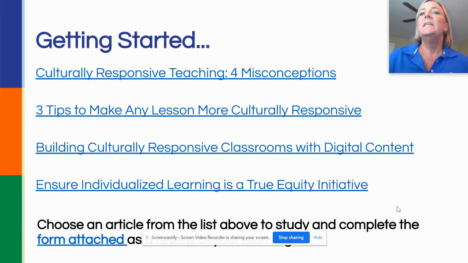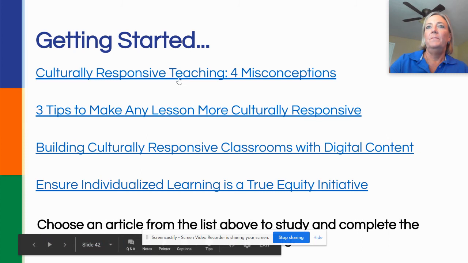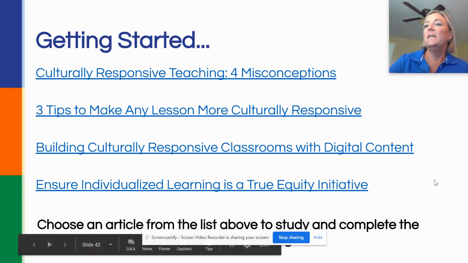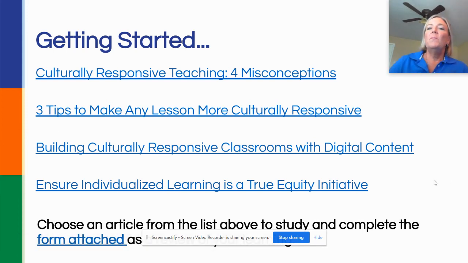Okay, finally today, you have an option to choose from these 4 different articles related to culturally responsive teaching, and you will be choosing one of these 4. Once you have chosen one of these 4 articles, you will read it, study the contents, and then you will be completing the attached Google form and submitting that.